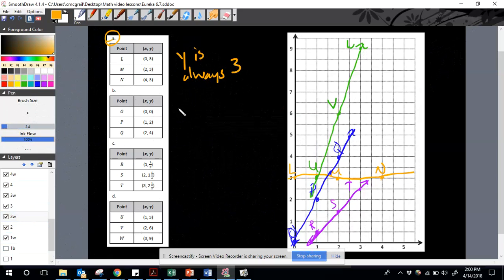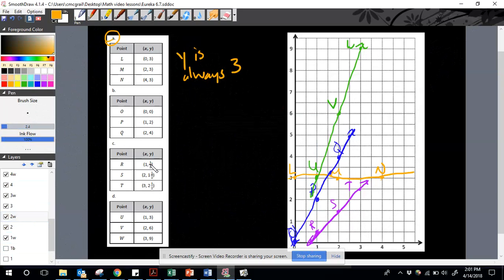Okay, next rule is every y coordinate is less than the x coordinate. Which one of these lines has y coordinates that are always less than the x coordinate? Well, it's not this one because I see that the y's are bigger, and the y's are bigger here too. So it's got to be this one. Y is always less. Now, how much less is y?